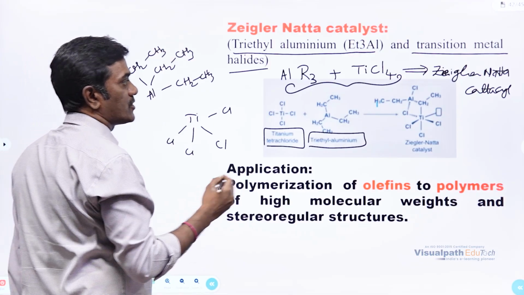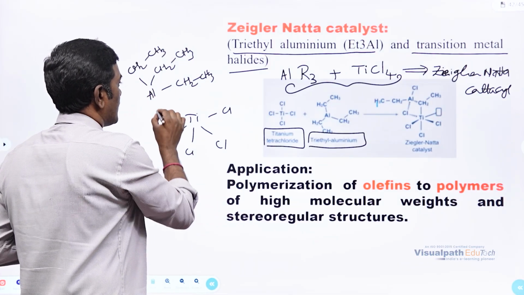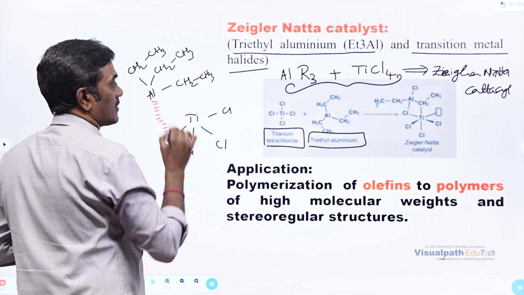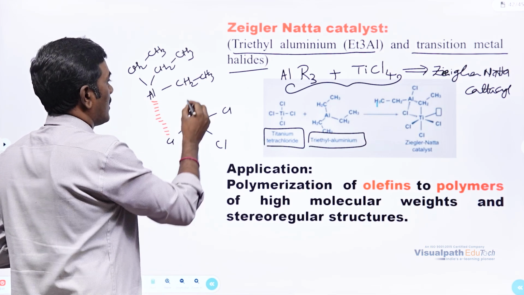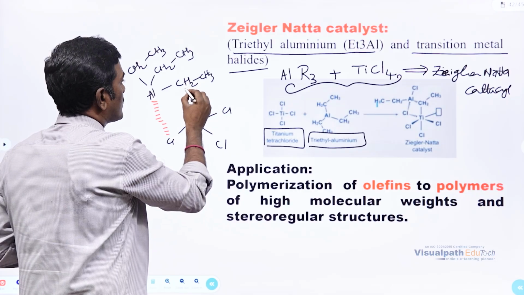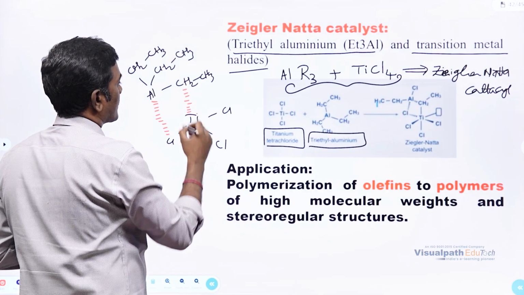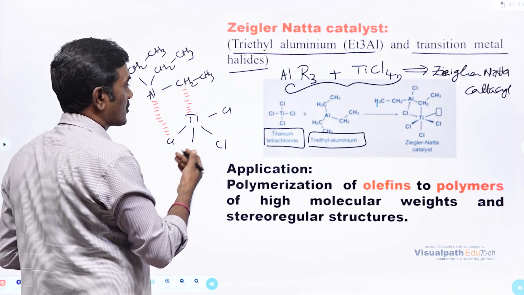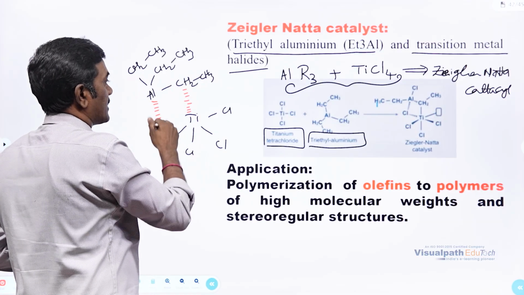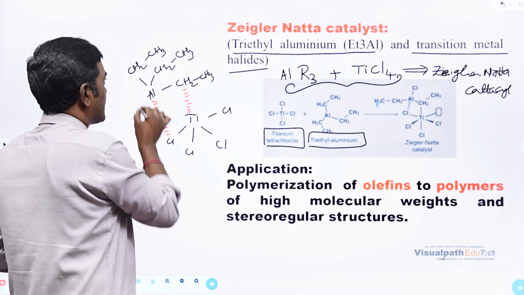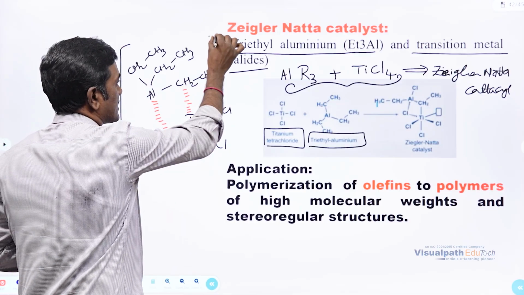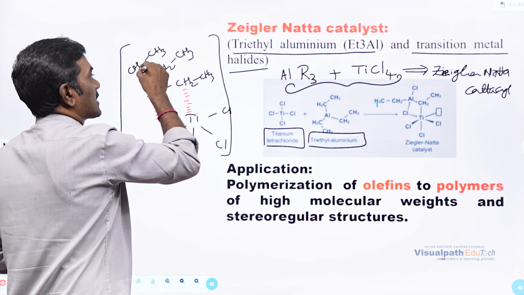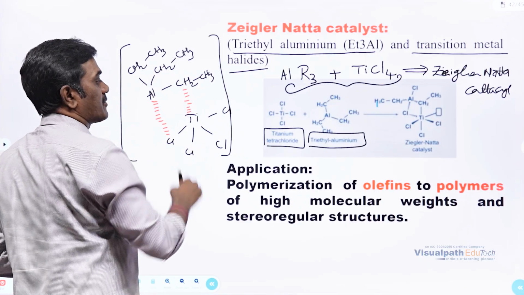Trialkyl aluminum is formed in this way. This aluminum is going to form a bond, this CH2 is going to form a bond. Why? Because titanium is a metal which can take electrons from the ligand, and aluminum is also going to coordinate. This complex is called the Ziegler catalyst. It is a composition of trialkyl aluminum and titanium tetrachloride.